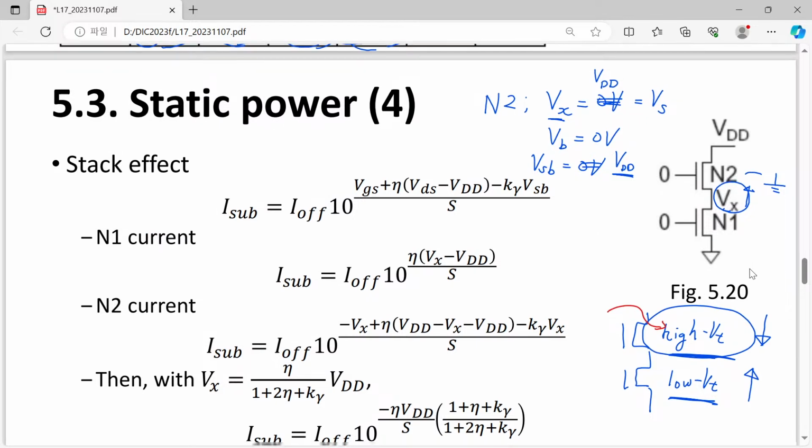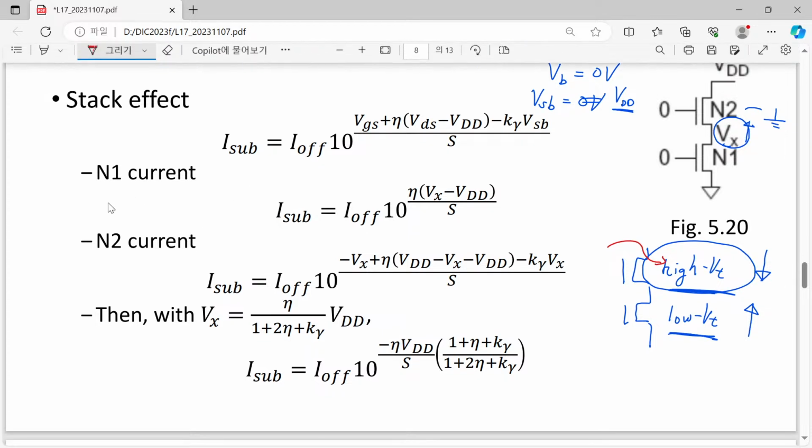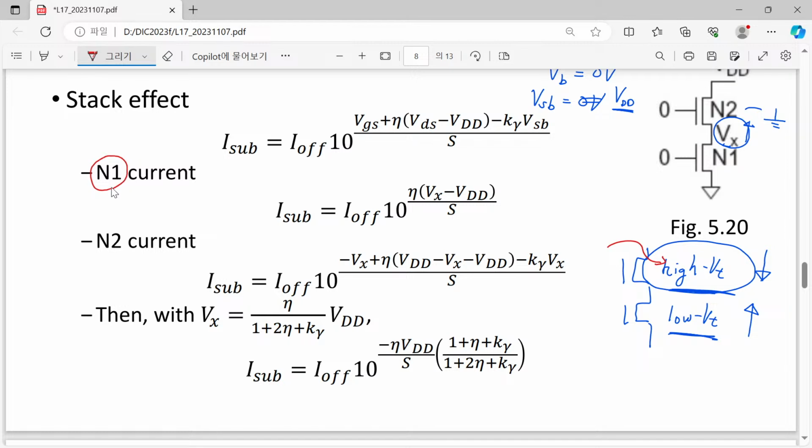So simply speaking, when you evaluate the transistor 1 current, which seems to be always, so its source is grounded, and the N2 current, which has the source to body values corresponding to Vx.